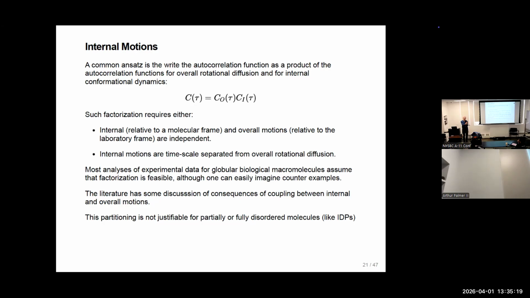Even my example of the clamshell, maybe that's not true. The diffusion of the open clamshell might be substantially different than the closed clamshell. So one can think of examples. There's some work in the literature about trying to handle the coupling between internal and overall motions, but it's pretty complicated to do in the analytical theory, and again, often turns into a computer simulation.